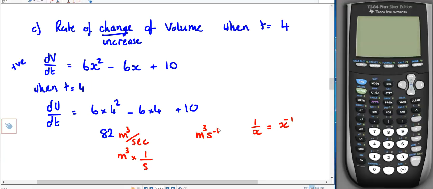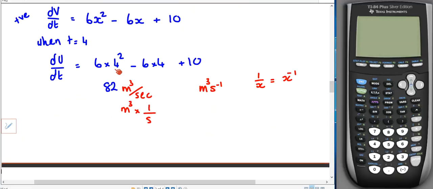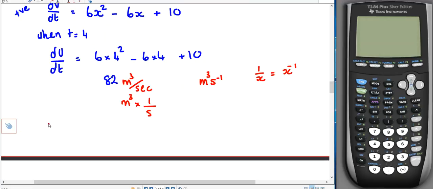If it's at 82 meters cubed per second, then that means the time is 4, right? Yeah, so we know already. Time is 4, we were given that in the question. So we don't need to rearrange it, we just go back to V. We work out what V was when t equals 4.